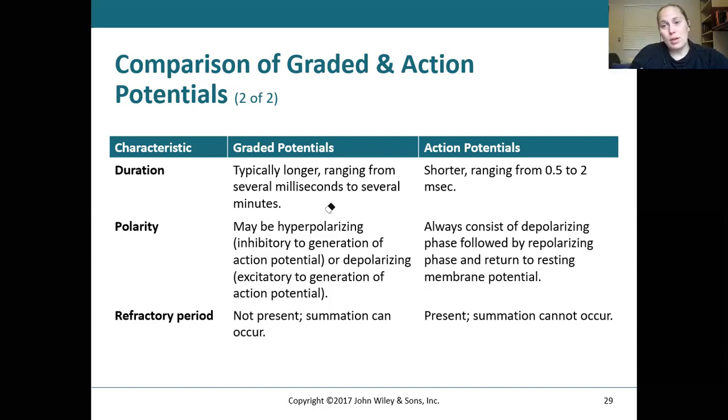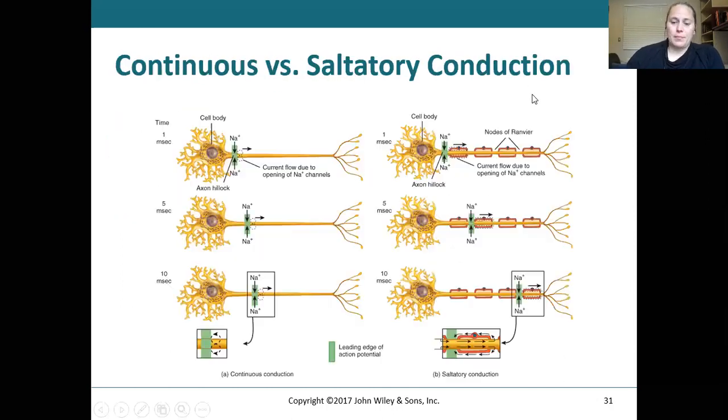And the refractory period doesn't really occur for graded potentials because there's no ion channel that's slowly closing, because you're not really competing with two different ion channels. With action potentials, you do have that refractory period, the period in which potassium is still leaving the cell.